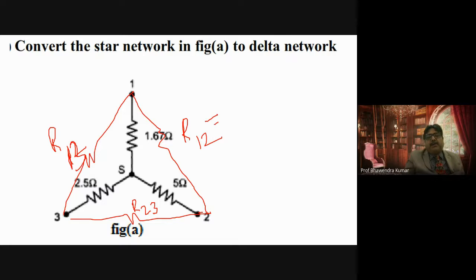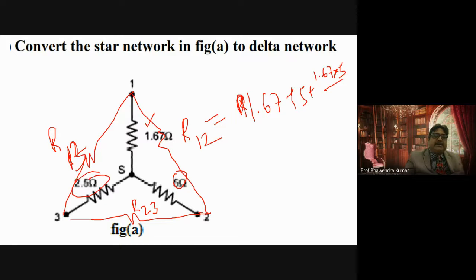So for R12, we'll consider the resistance here, R1, that is 1.67, plus the other resistance, that is 5, plus 1.67 into 5 divided by the third resistance, that is 2.5.